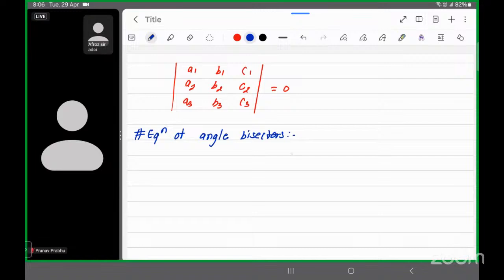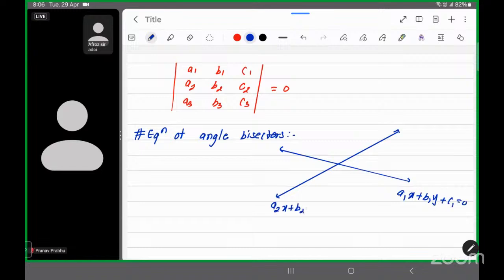If these are two lines, a1x plus b1y plus c1 equals 0 and a2x plus b2y plus c2 equals 0, then we have angle bisectors. These angles are there.